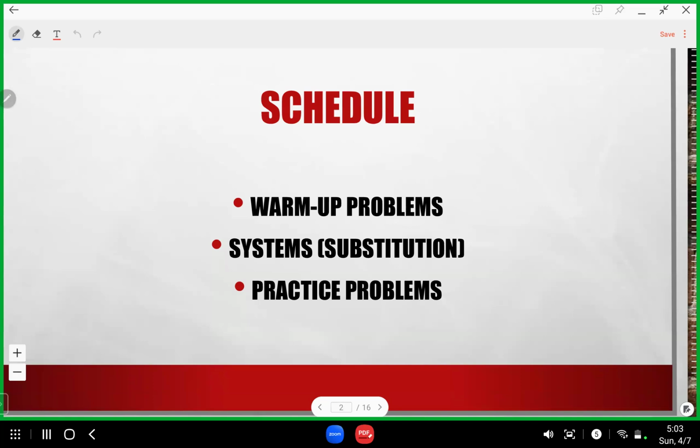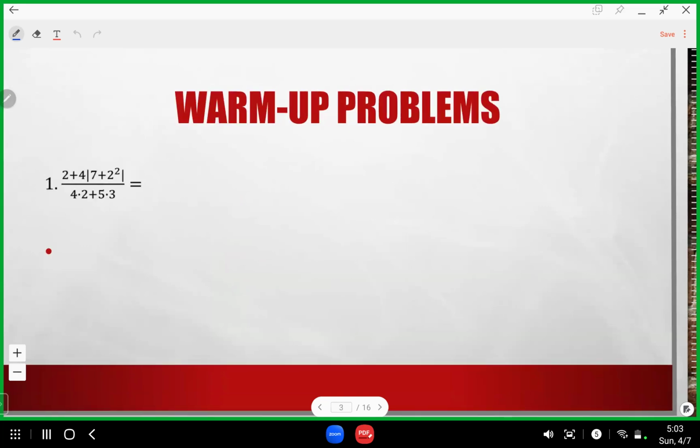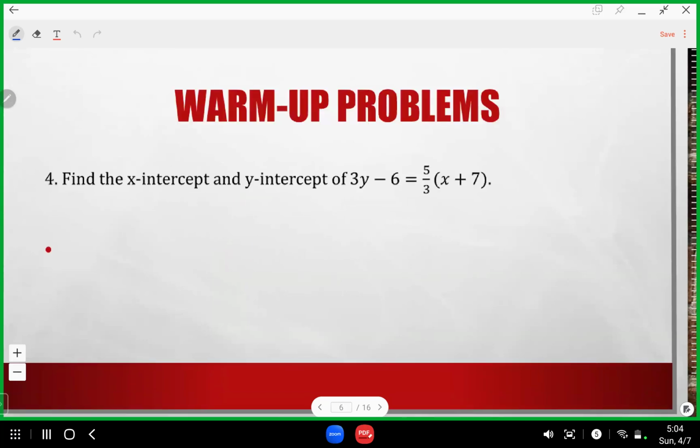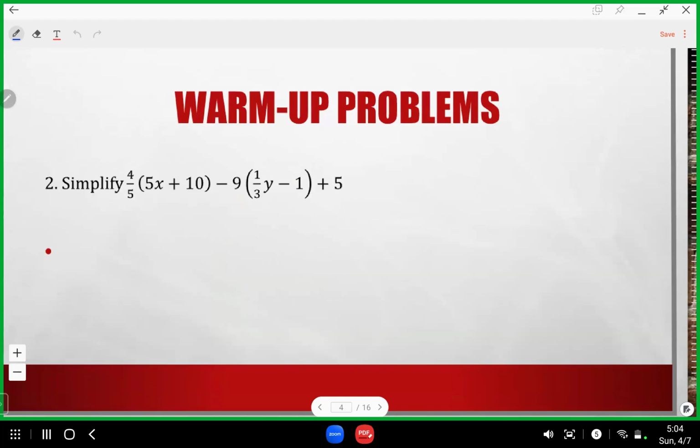We've seen this before, but we did not know how to solve it. So today we'll finally be introducing that concept. We'll be going over some practice problems. So now let's go to our warm-up problems, which are basically a review of everything. They should be pretty fast. If you paid attention last semester, I'll give you just 1 minute to do this.